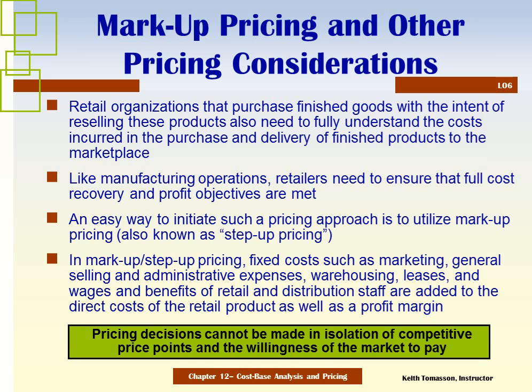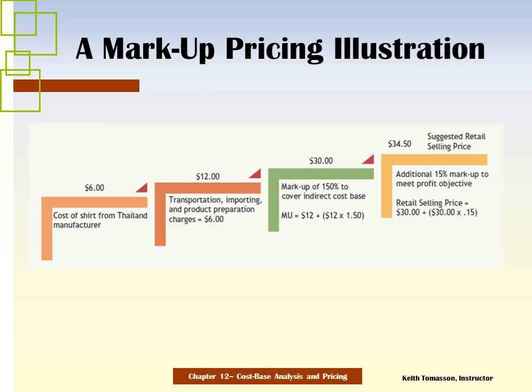Keep in mind that irrespective of step-up pricing, our pricing decisions can't be made in isolation, because we must consider competition and their price points, as well as the willingness of the market to pay a certain price for our good or service. So let's look at an example that illustrates markup pricing. We've got a shirt that is produced by a manufacturer in Thailand, and the cost of that shirt from the manufacturer is $6.